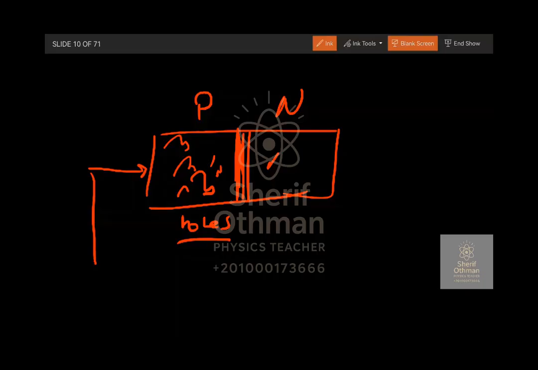By making that side more neutral, the depletion thickness will increase. By increasing the depletion thickness, the electrons will be unable to pass through it. The potential difference will increase, and the electrons will stop passing through the junction. So I'm preventing the passing of electrons through the junction itself.